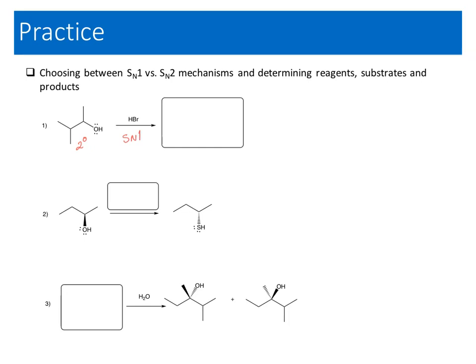So to draw the product, let's see what's happening here. This is the substrate that we have. The substrate will react with HBr, bromine leaves, to form this product.